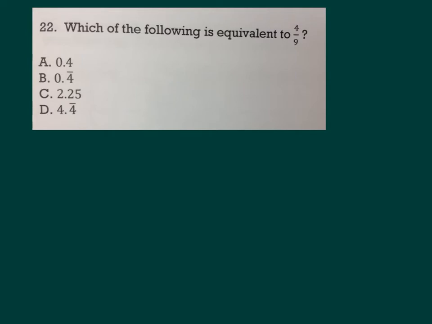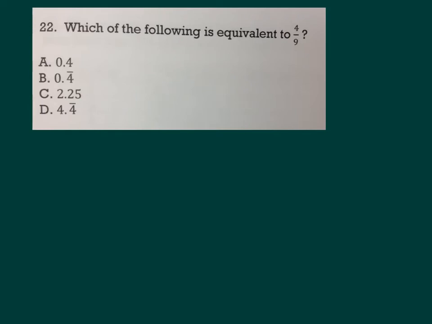Okay, number 22. Which of the following is equivalent to 4 ninths? Then you have 4 answers. This is a traditional multiple choice problem that you only need to choose the correct answer. And just by looking at it, I could already tell the correct answer. But I'll still show you how to actually get the exact answer.